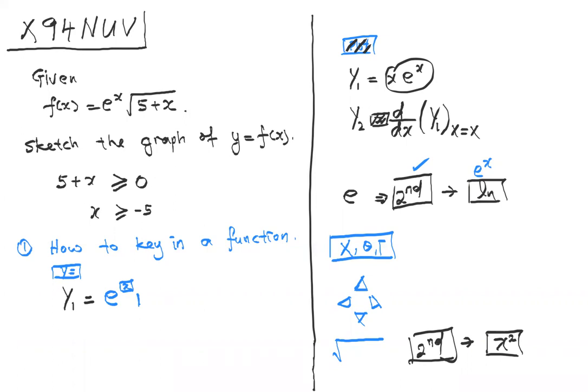Okay. Second, X squared. So you have the square root sign come out here. Am I right? Do you know how to type in 5? If you don't know, then I send you back to kindergarten. You know how to type in plus? You know how to type in X now? Alpha. Here.